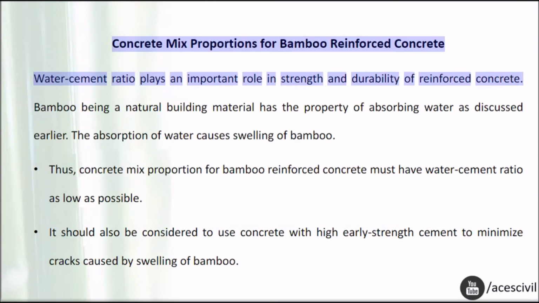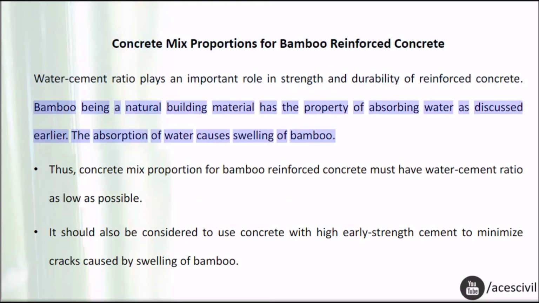Concrete mix proportions for bamboo reinforced concrete: water-cement ratio plays an important role in strength and durability of reinforced concrete. Bamboo, being a natural building material, has the property of absorbing water as discussed earlier. The absorption of water causes swelling of bamboo.